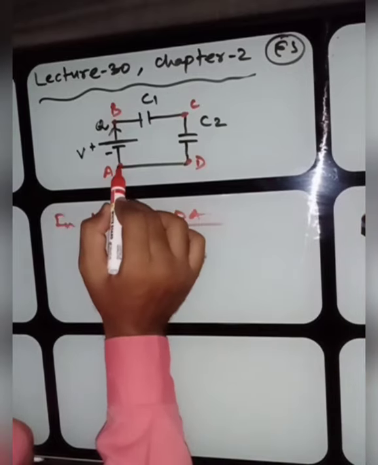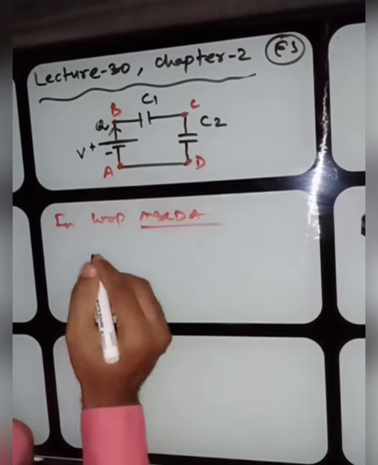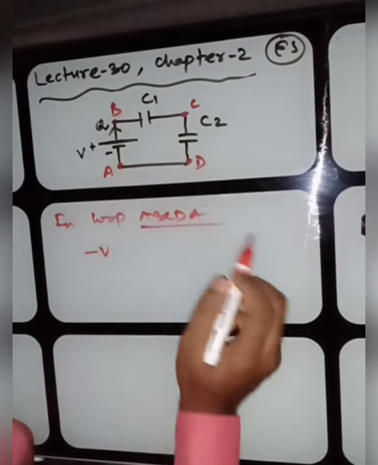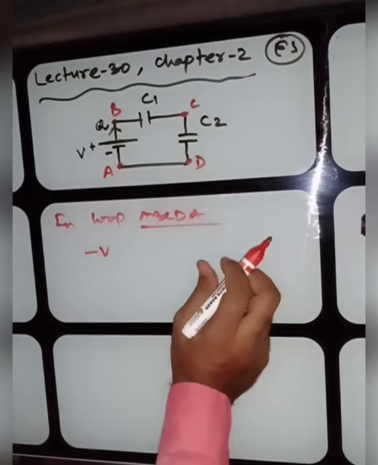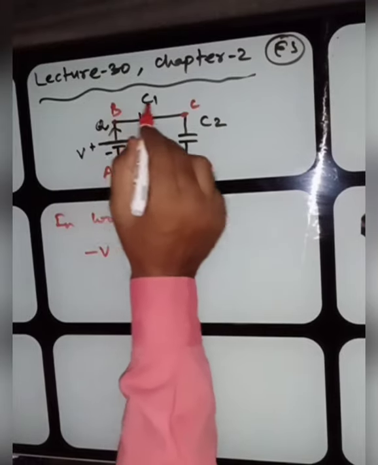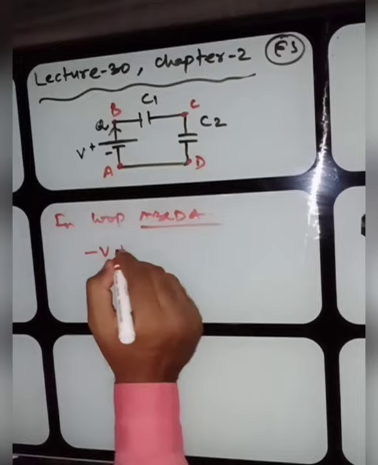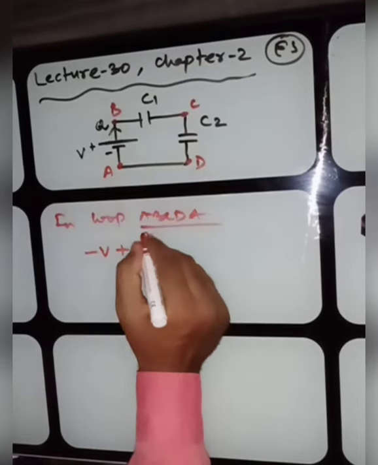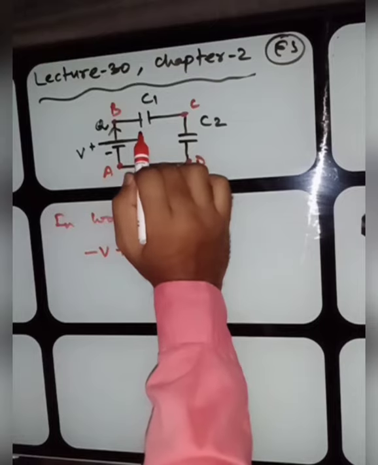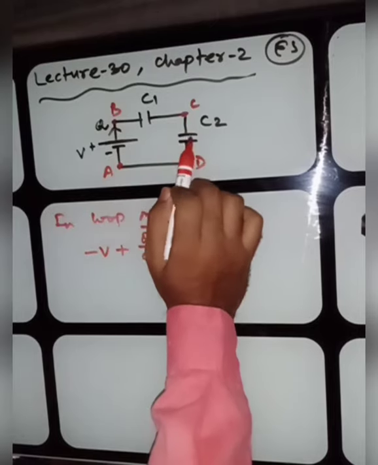You are moving from this point. You first meet the negative terminal of the battery, minus V. Why? We are going in the direction of, or with, the flow of charge. So first we meet the negative, minus, and again from here plus, because we are going with the charge, Q by C1. How much charge reached this capacitor? Q. How much charge reached this capacitor?